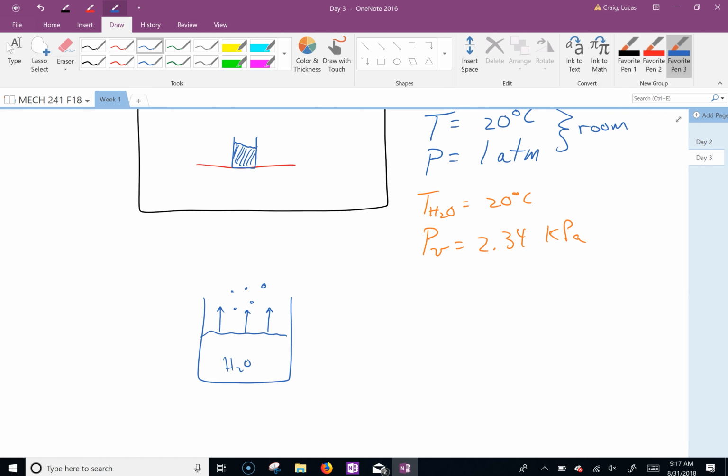If it's completely dry, it needs to absorb some water, and it does that from the liquid top level here. So now we have an equilibrium between liquid and vapor. Depending on how much the air can hold is how much liquid is going to evaporate and turn into a vapor. This happens all the time.